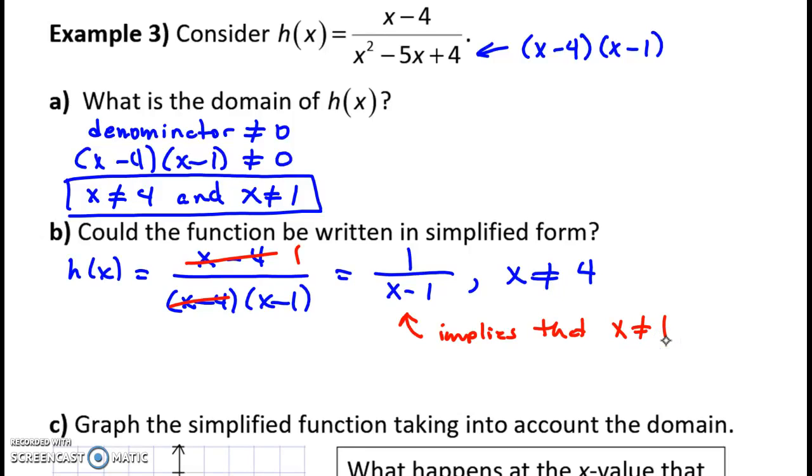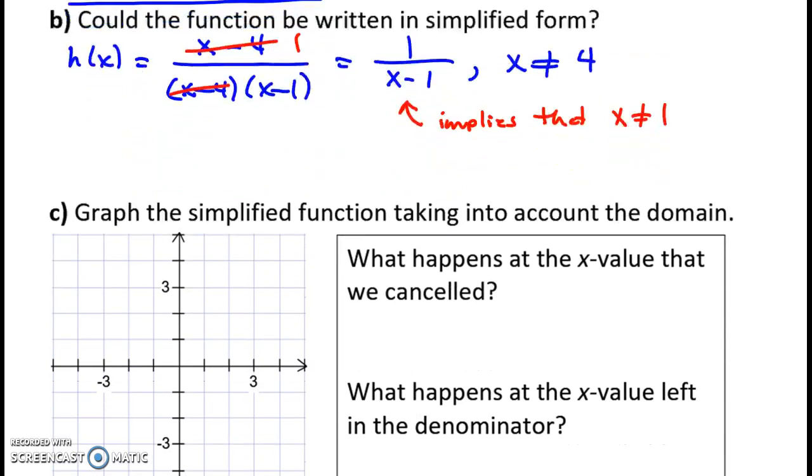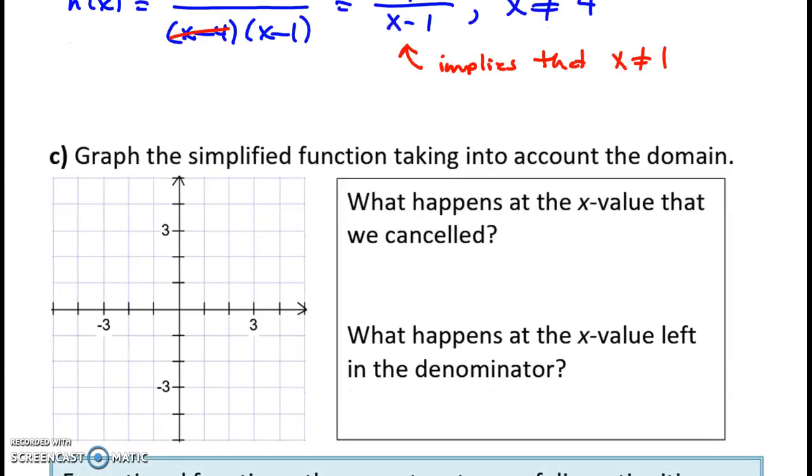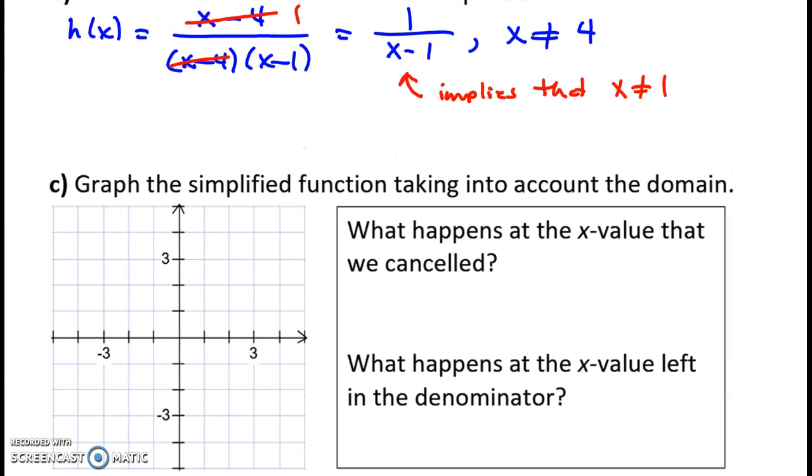However, the implication that x cannot equal 4 is now gone since we canceled that factor of x minus 4. Let's try to graph this function taking into account the domain. h of x is 1 over x minus 1, where x cannot equal 4.